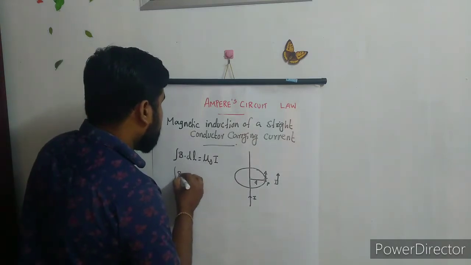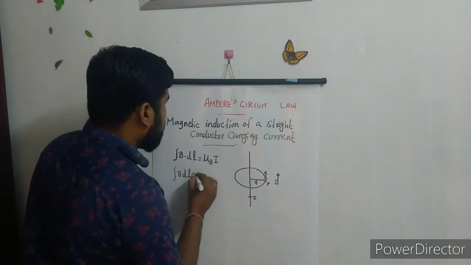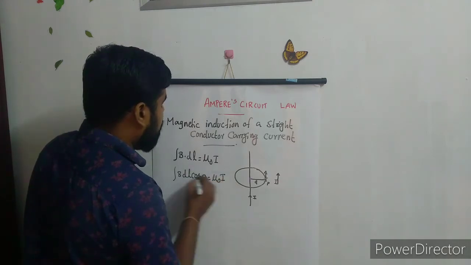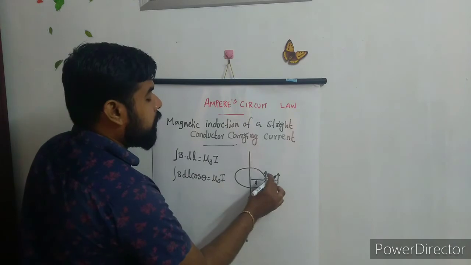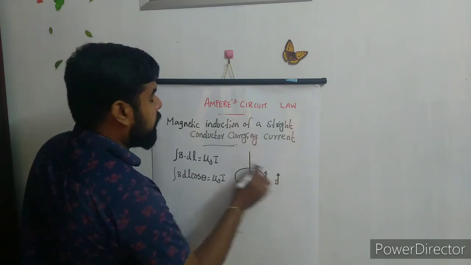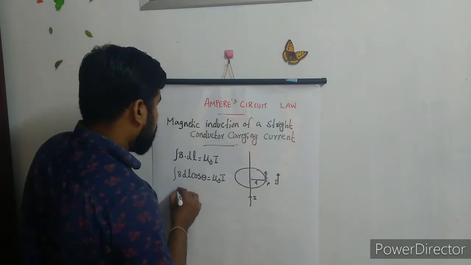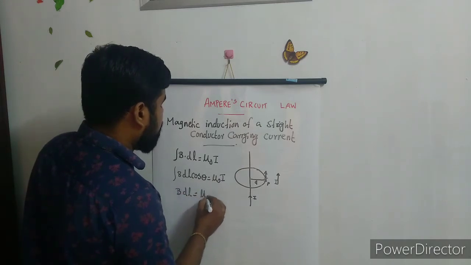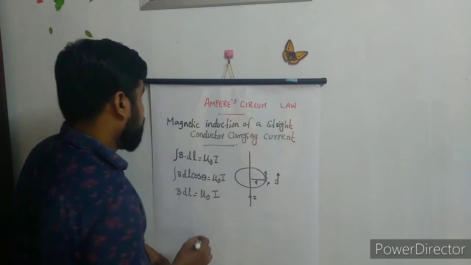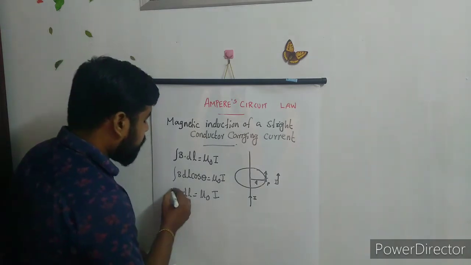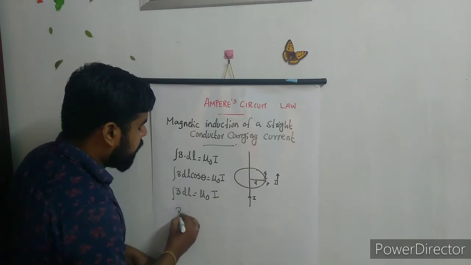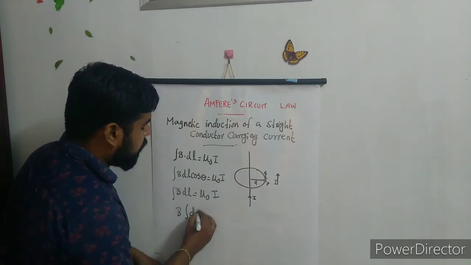What is B dot dl? It is B dl cos theta, equal to mu 0 I. The angle between the magnetic field and the elemental length is 0, so we get B dl equal to mu 0 I. B is constant while dl is varying.